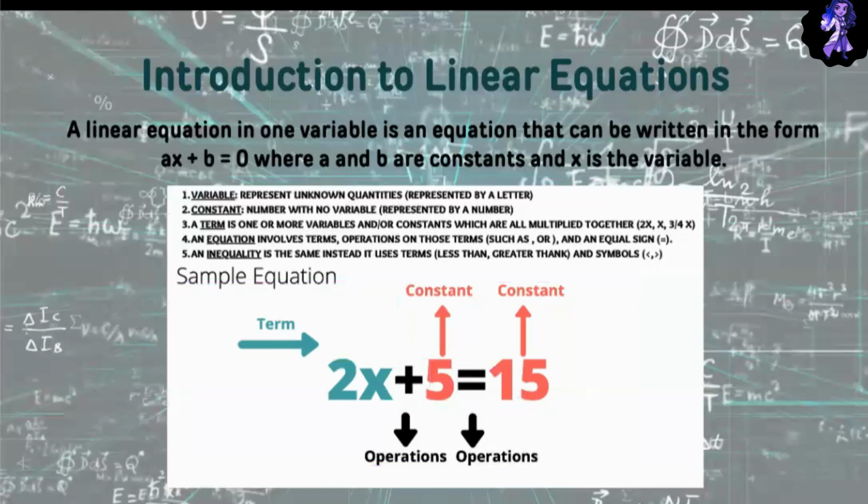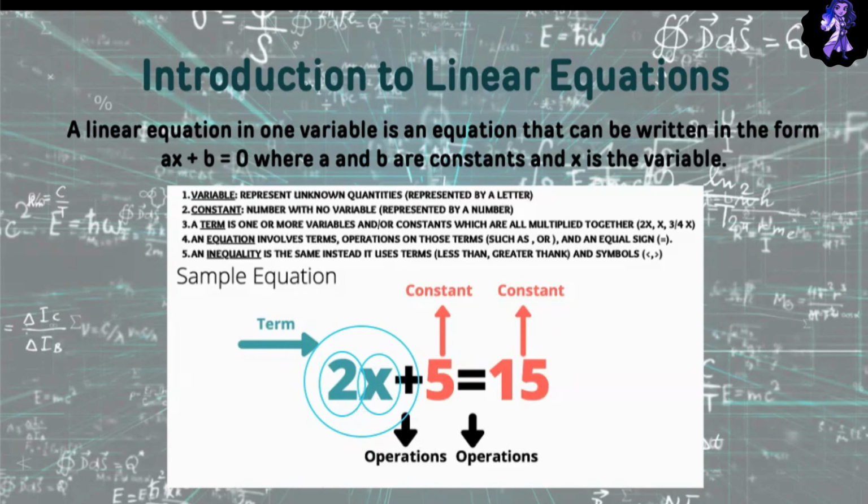Now, if we look further, we can see that there's something standing on the outside here, and that is called a term. A term is when you have a variable, so that's the letter, such as x, that is associated with a number, such as 2, that is involved in multiplication or division.